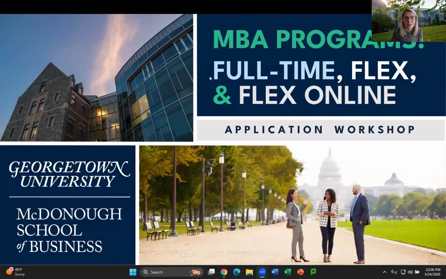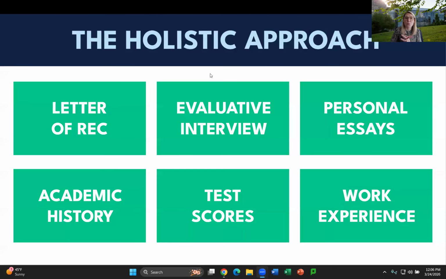So, great. What we're going to go through today is our holistic review of applications. Our admissions process is extremely well-rounded in that we look across many different metrics and components to make an informed decision whether or not we believe you're a good fit at Georgetown and whether or not we feel like you will thrive in our community.